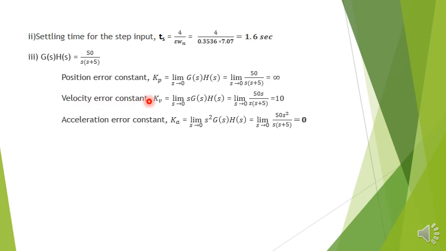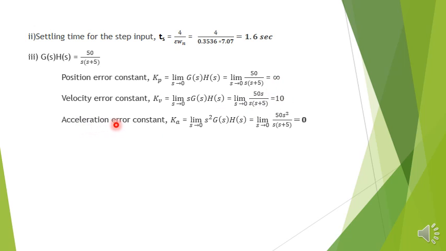Velocity error constant Kv, limit as s tends to 0, s G(s)H(s). So limit as s tends to 0, 50 into s by s into (s plus 5), so s gets cancelled. If I substitute s equal to 0, I will get 10.